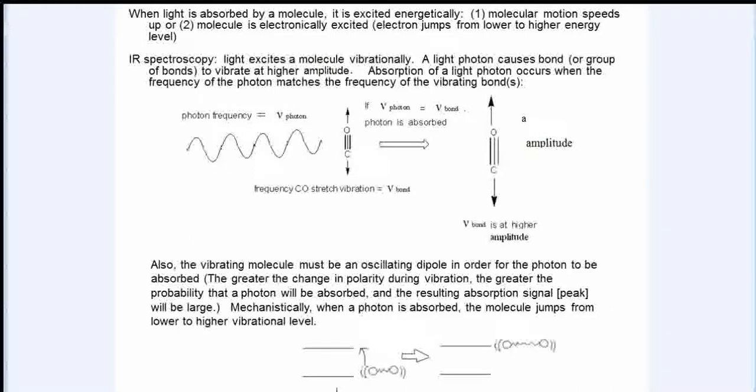The lowest vibrational energy level corresponds to the fundamental vibrational frequency that we mentioned before. When a light photon is absorbed by a vibrating bond, the vibrating molecule moves from the fundamental level to the next higher vibrational level.